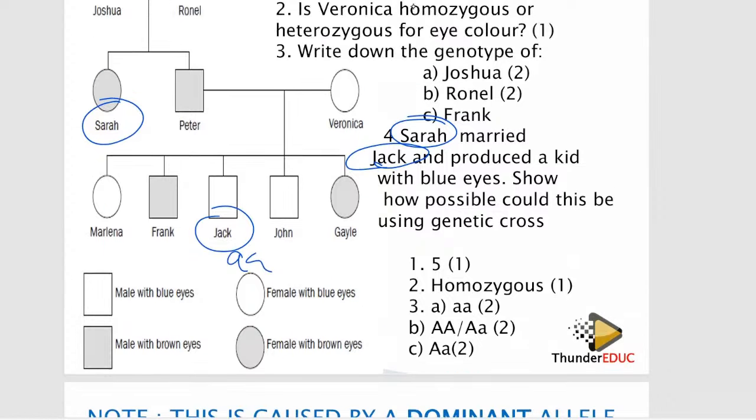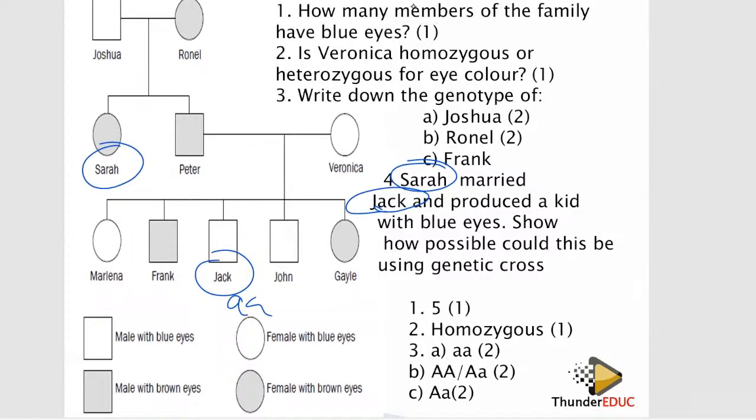Yes, small a. And then Sarah, this is Joshua, which is small a. Then this one, even if it's capital A, or capital A, small a, doesn't matter, because one parent is blue eyes, then automatically Sarah is capital A, small a. Because one comes from the father and one comes from the mother. The two of them can't come from the mother. Then definitely Sarah is like this, while Jack is like that.